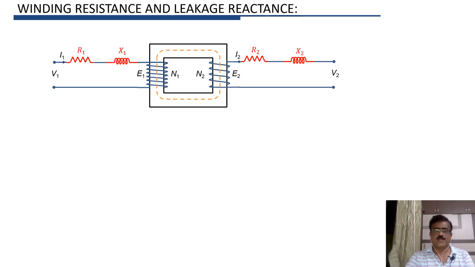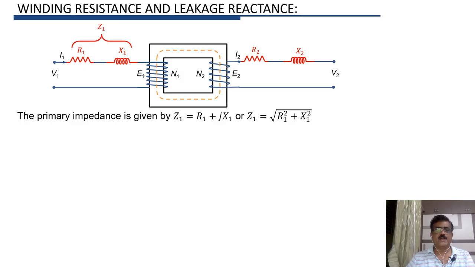And therefore the primary winding impedance Z1 is equal to R1 plus jX1, or the magnitude of Z1 is under root R1 square plus X1 square.